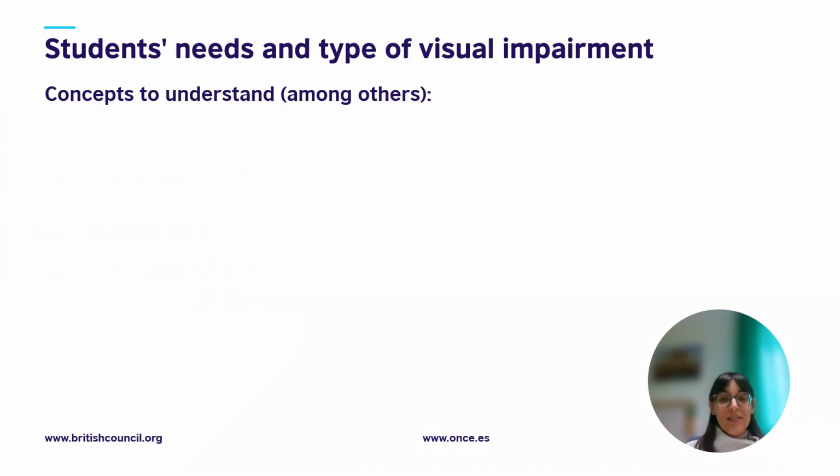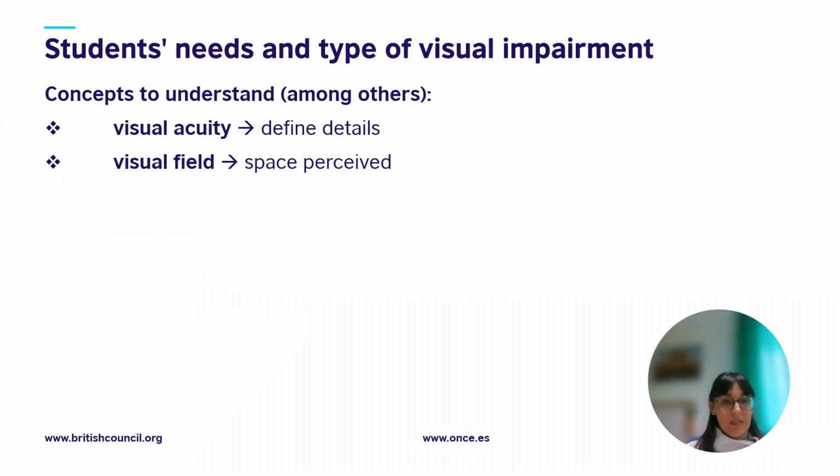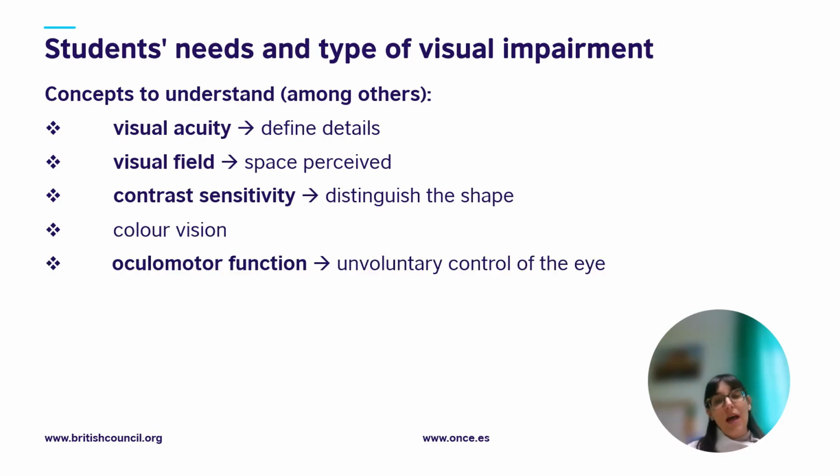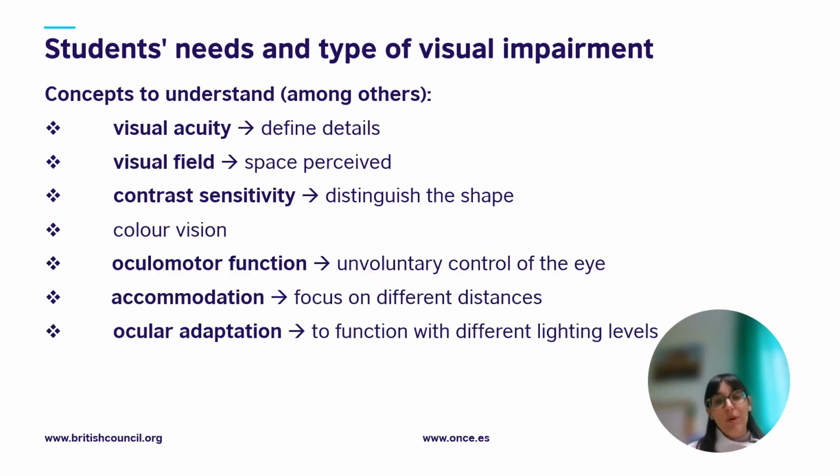Before starting with more specific disabilities and talking about how these impairments affect the learning process depending on their characteristics, I would like to explain some more general concepts that will help you understand the differences between the disabilities.